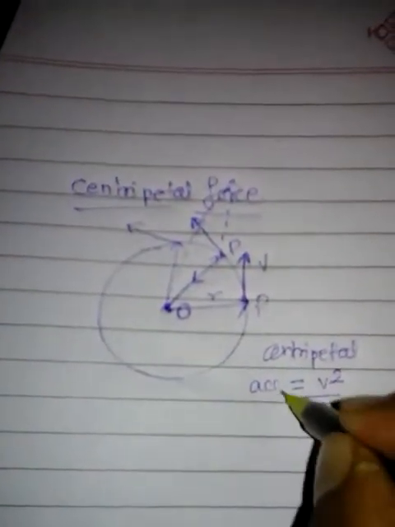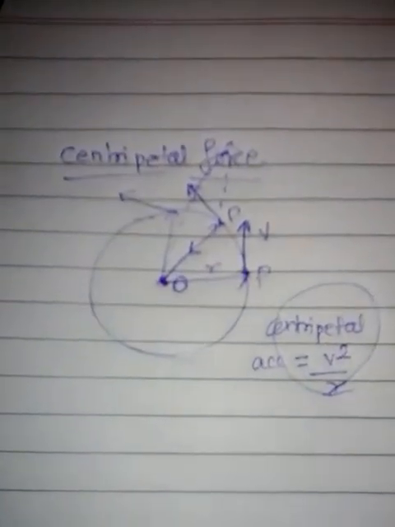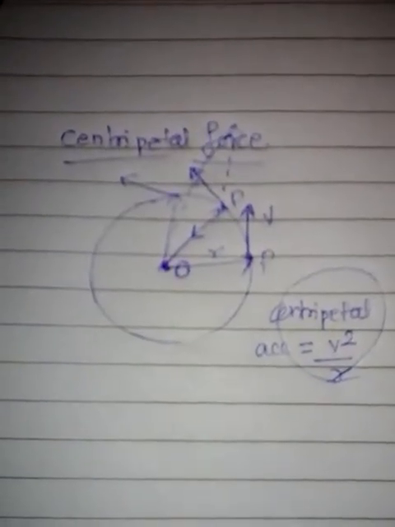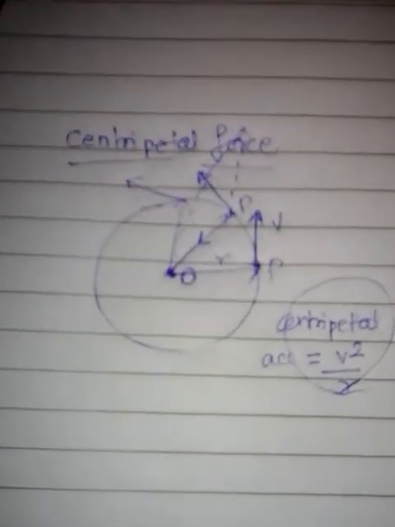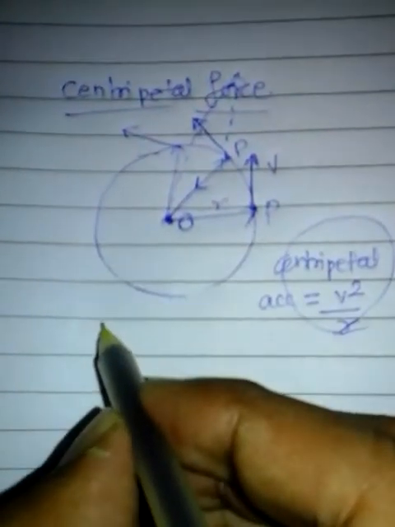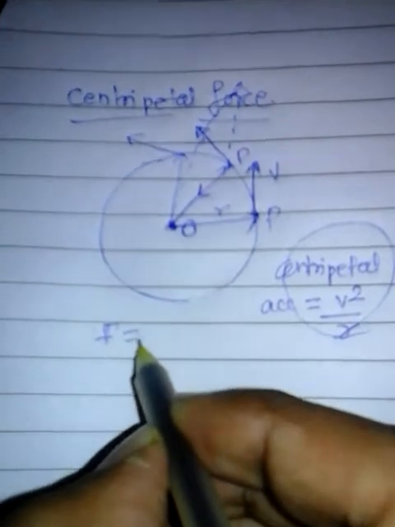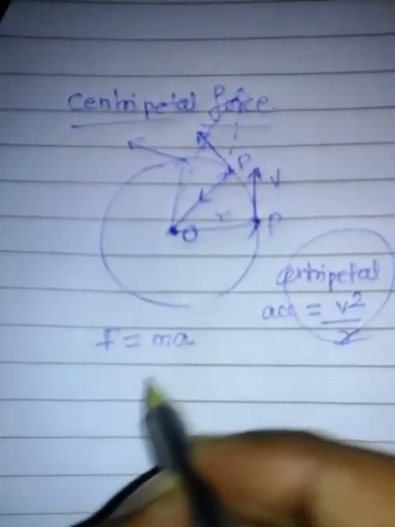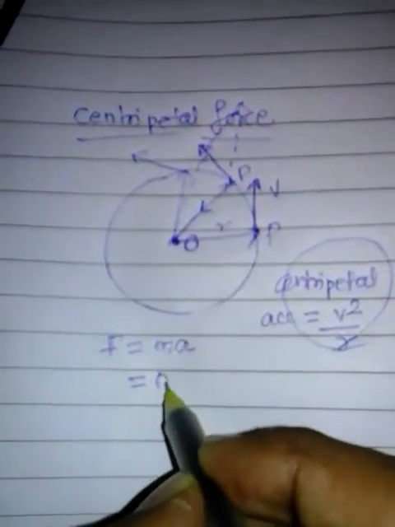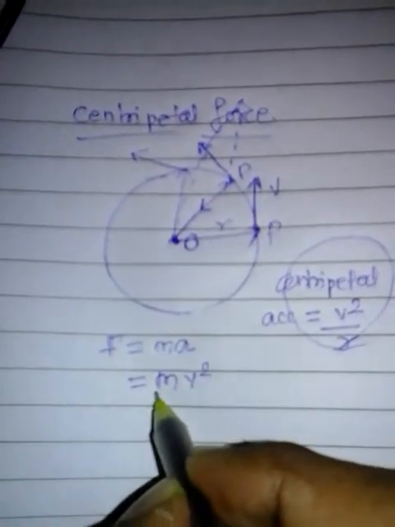Since we have an acceleration, we must have a force which is also directed towards the center, which is simply by Newton's second law, mass multiplied by acceleration. So in our case, mass multiplied by the centripetal acceleration.